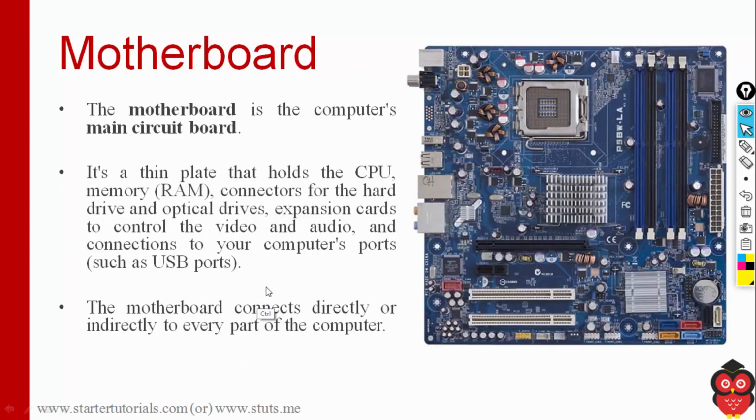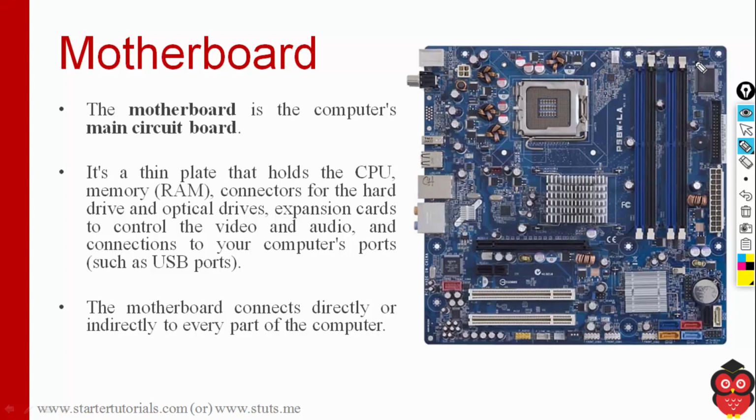So a motherboard looks like this. It is an electronic circuit board which contains so many electronic components. First of all, you can see these things here, this one, and this one. Those things are called slots into which we can place other hardware components.